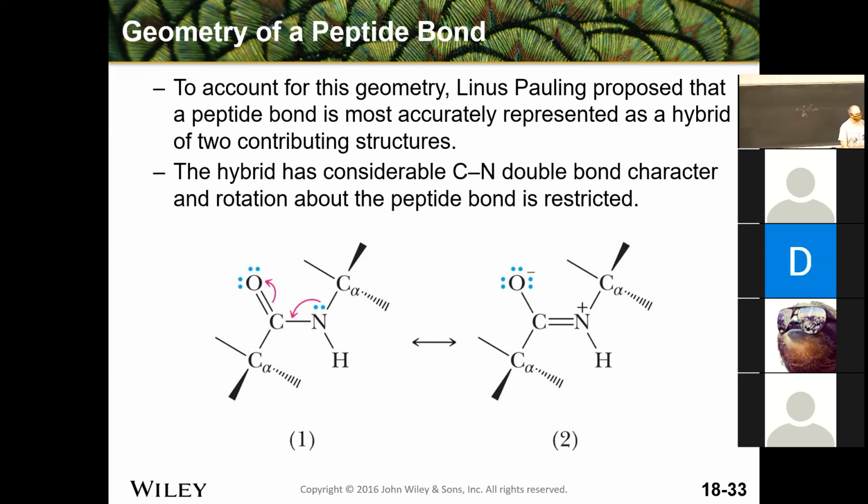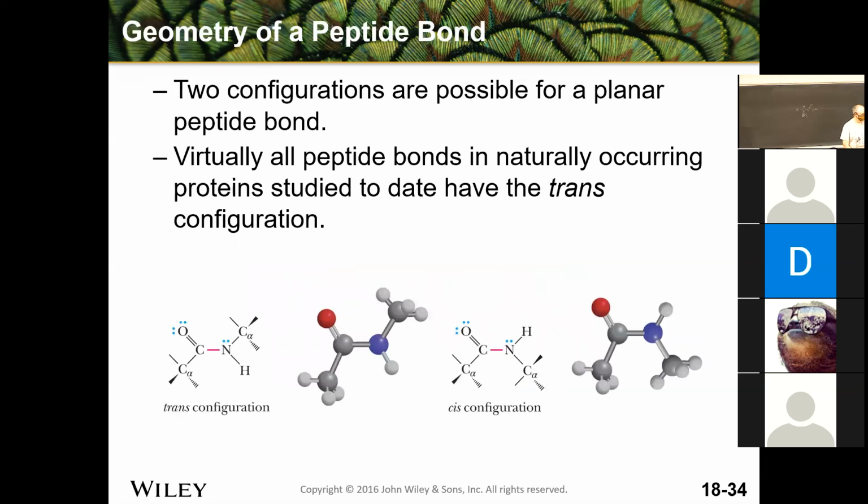Linus Pauling proposed that a peptide bond is most accurately represented as a hybrid of 2 contributing structures, which are shown here. The rotation about this CN bond is highly restricted because of the double bond character, and so it tends to maintain its planarity.